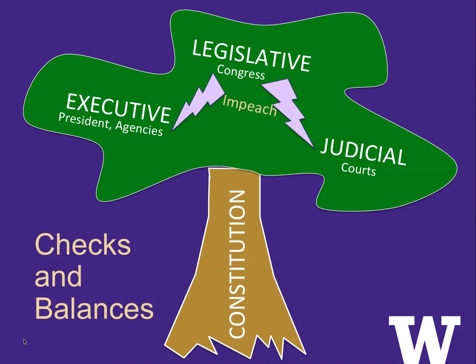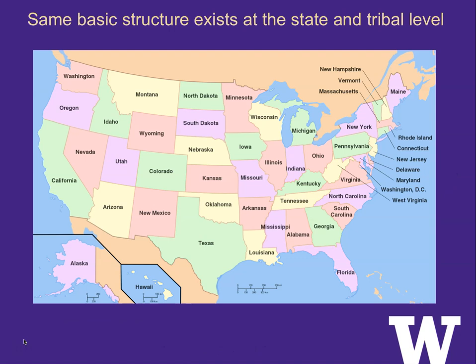And Congress has the ability to check both the president and the federal judges through impeachment proceedings. Other ways the branches retain a balance of power include presidential appointment of judges, congressional approval of federal appointments, and more.